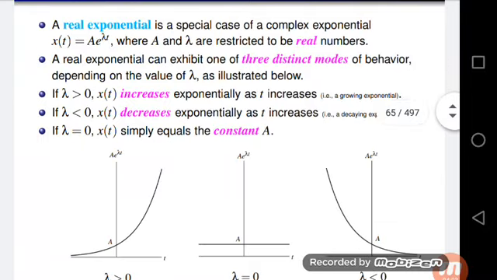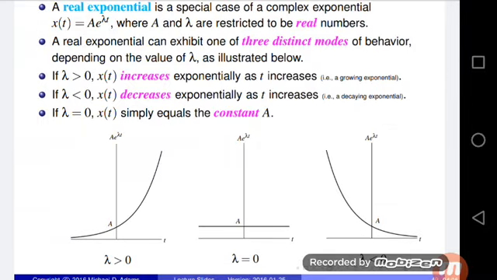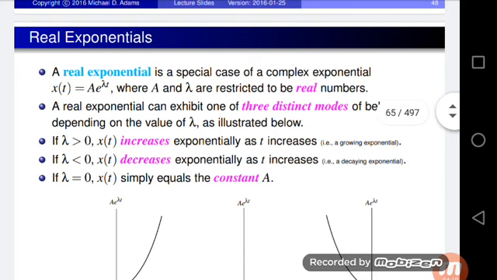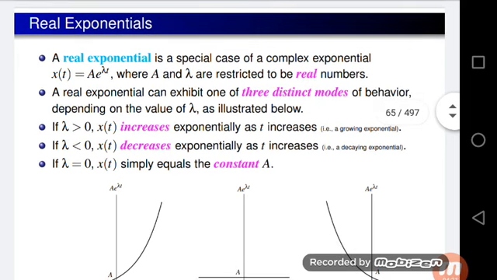So we see the cases when lambda equals 0, lambda is less than 0, and lambda is greater than 0, and how the wave propagates. First we are explaining the real exponential.